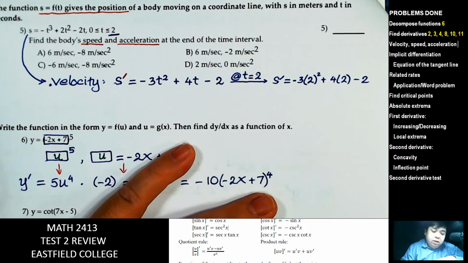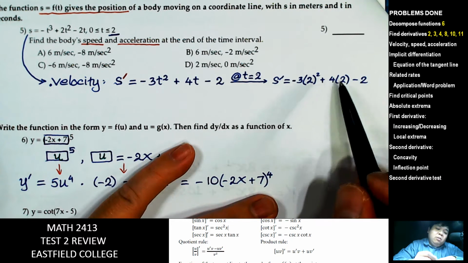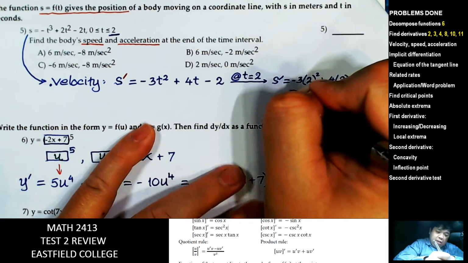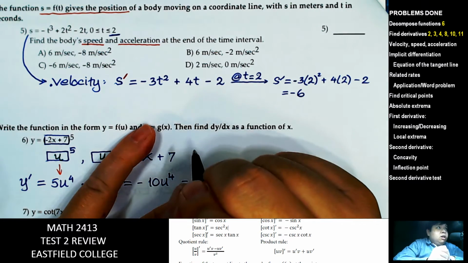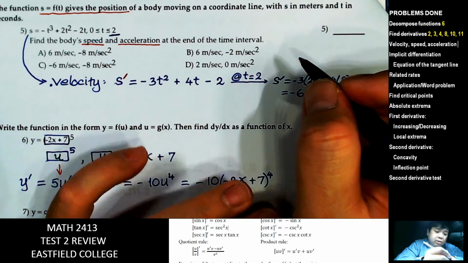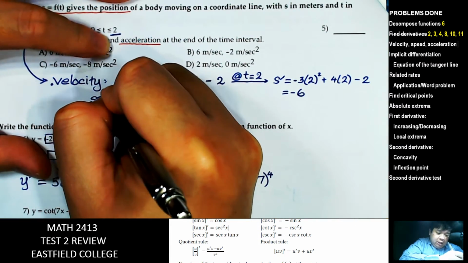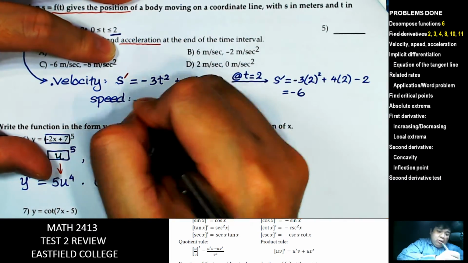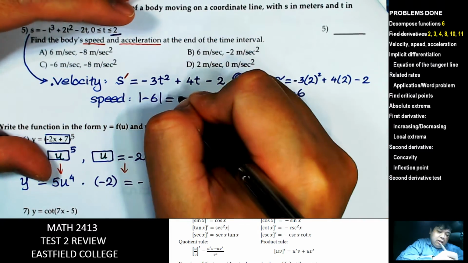Negative 12, negative 14, plus 8, so negative 6. So we have negative 6, and the unit will be meter per second, but we want to find the speed instead. So the speed is the absolute value of the velocity, so it will be 6.